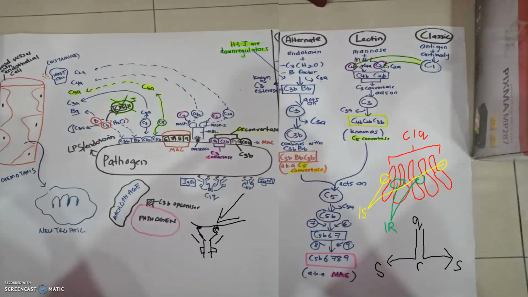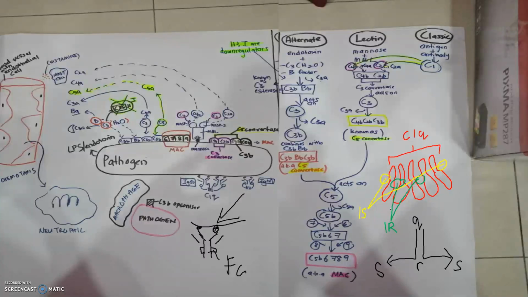When the antibody binds to the antigen, the Fc portion gets revealed, and this enables the C1q part of the C1 complex to bind onto the Fc portion of the immunoglobulin.